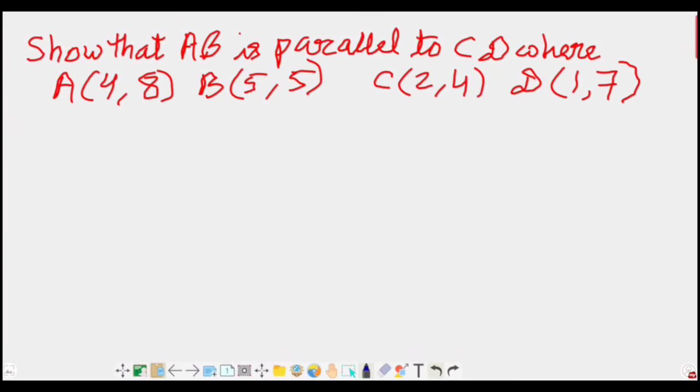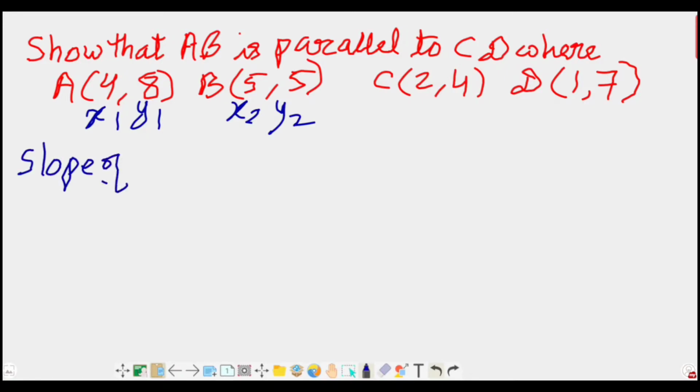Now students, let's solve the sums based on this concept. Show that AB is parallel to CD, where they have given the coordinates of all the 4 points. Now you have to show, you know that if the lines are parallel, their slope is the same. So what we will do, we will consider this as x1, y1, this as x2, y2. Then we will find out the slope of AB.